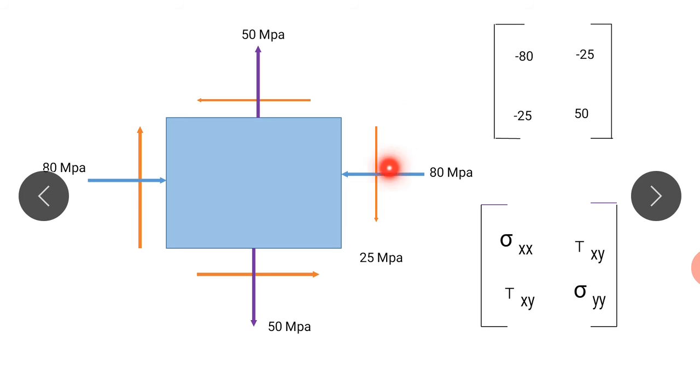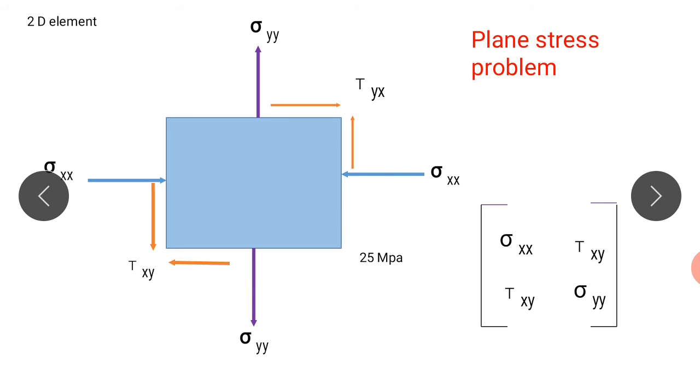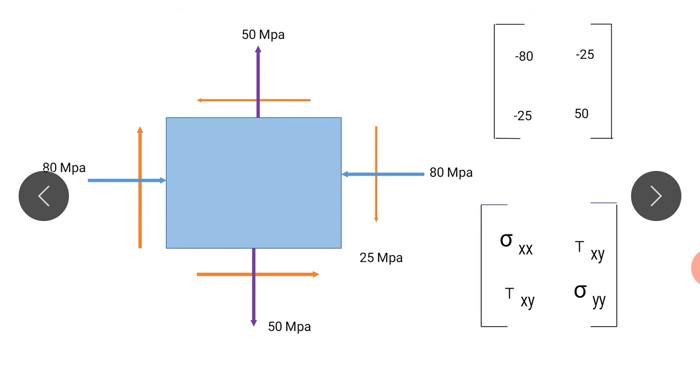So 25, as I have told, if it is in this form then only plus, otherwise minus. So at the left surface the forces are upwards, that's why these are considered negative. So tau xy and these two terms should be diagonally equal.